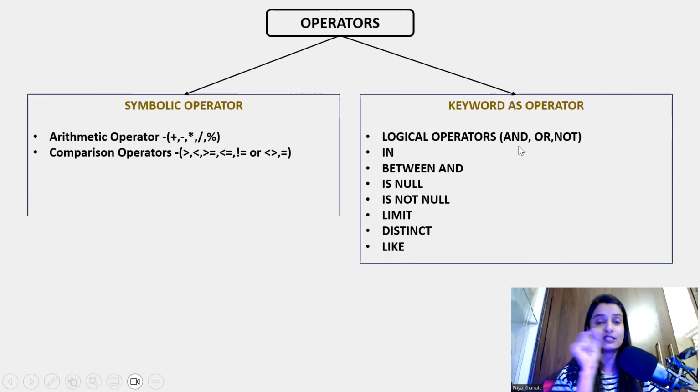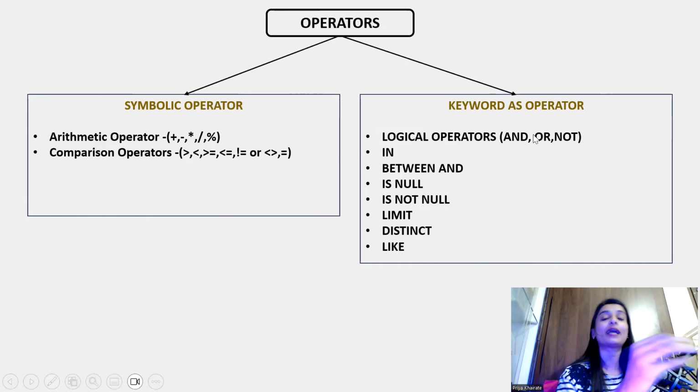Keyword means the word which is reserved, the word which has some special meaning given by that language. It's not like all other normal words. Keyword means the words which are already reserved. So these keywords we are going to use as an operator.